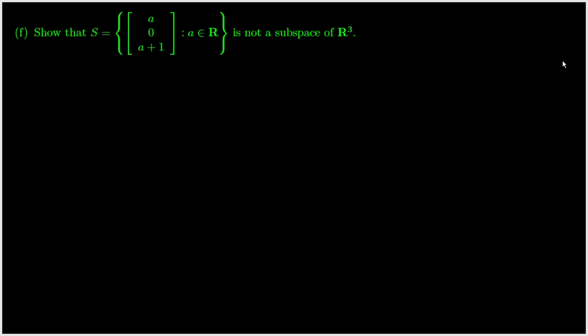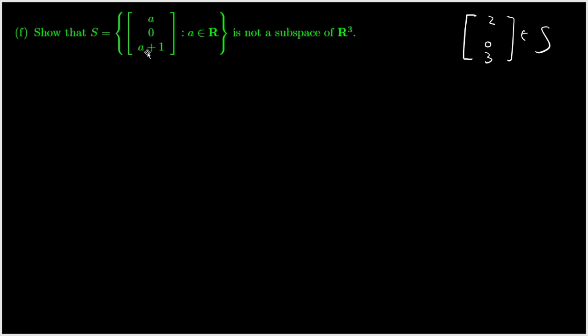Okay, now let me try to get a vector in S. If I give you the first component 2, the second component 0, the third component has to be 3 in order for the vector to be in S. Again, to characterize the vectors in S, you check 2 things: the second component has to be 0.